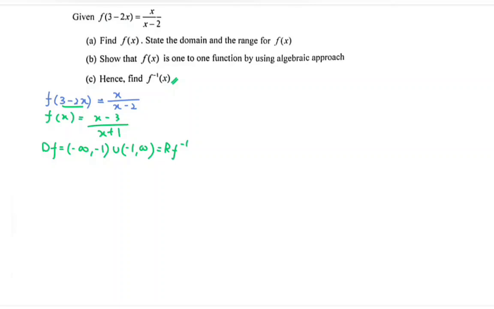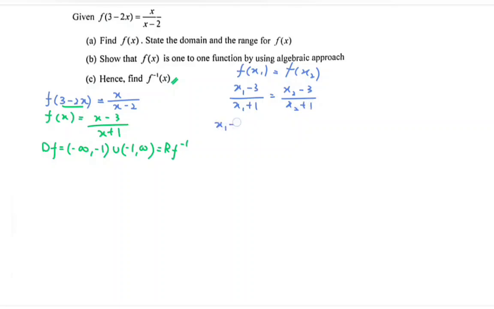Show that f(x) is a one-to-one function by using the algebraic approach. So here we have f(x1) equals f(x2). So kindly substitute. We have (x1 minus 3) over (x1 plus 1) equals (x2 minus 3) over (x2 plus 1). Kindly cross multiply the situation.